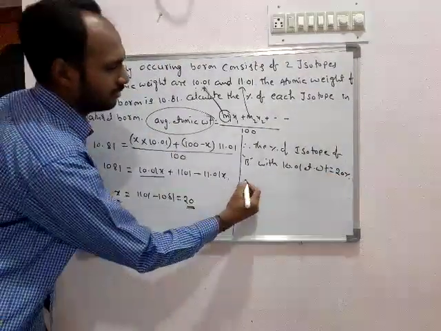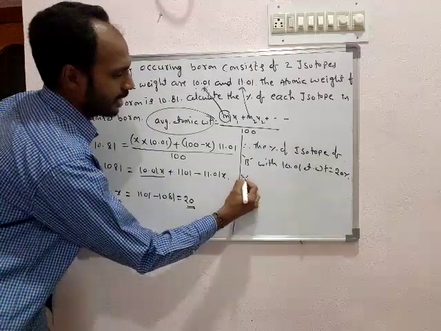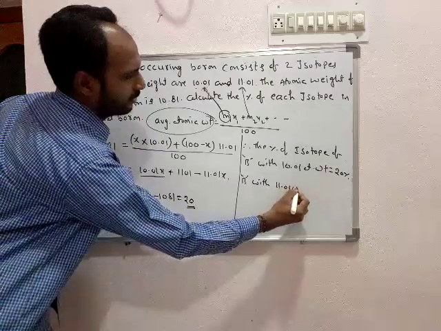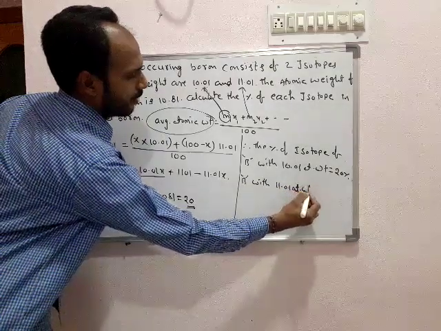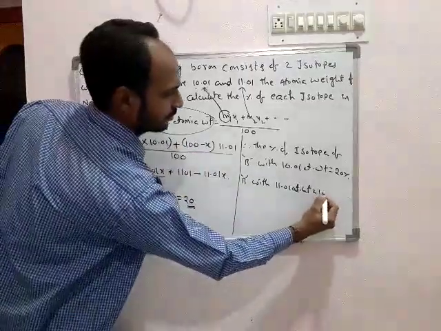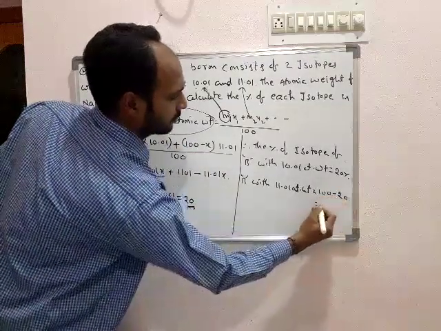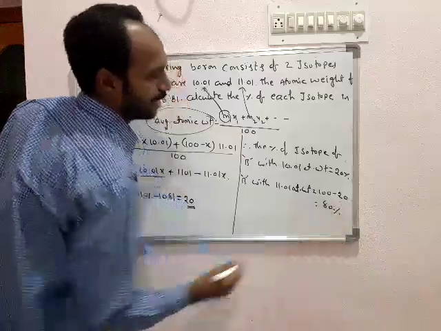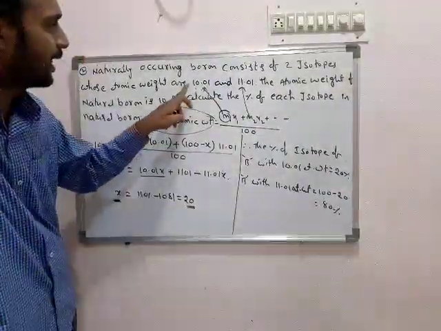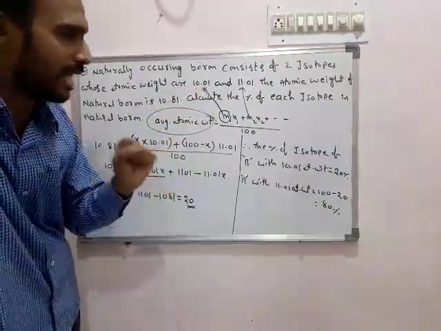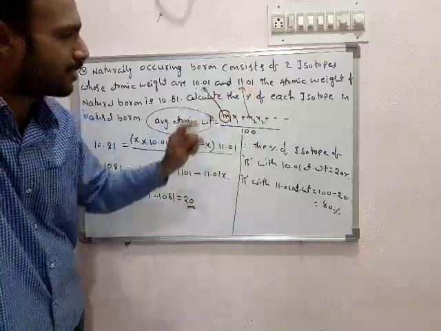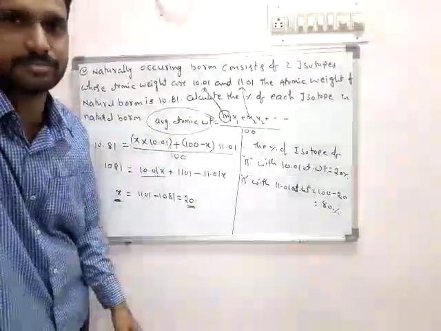And the remaining one, the boron with 11.01 atomic weight, equals 100 minus x, which is 80%. It means in that boron sample, the 10.01 atomic weight isotope is just 20%, and the 11.01 atomic weight isotope is 80%.